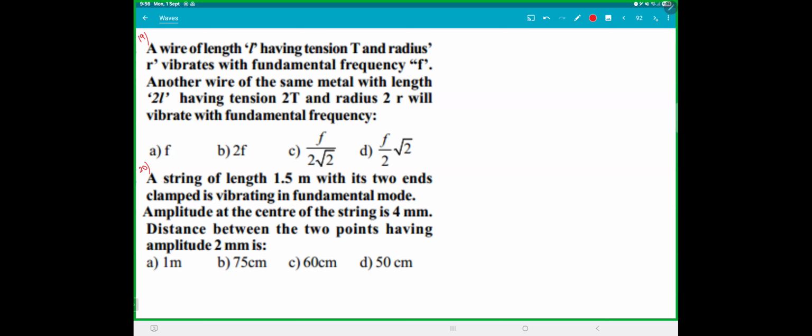Be careful, they said same metal, which means rho is same, not mu. Right, Saish.